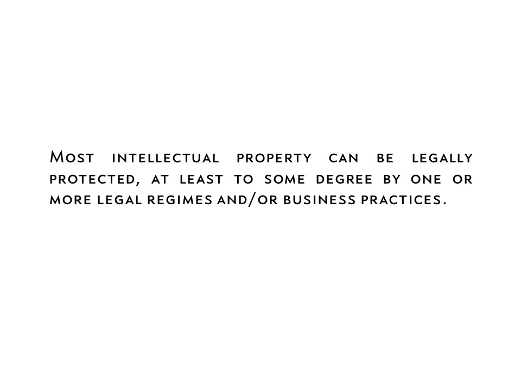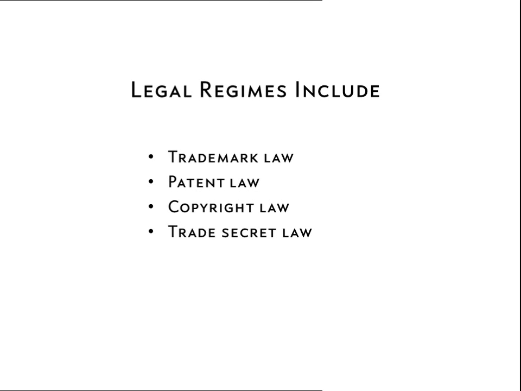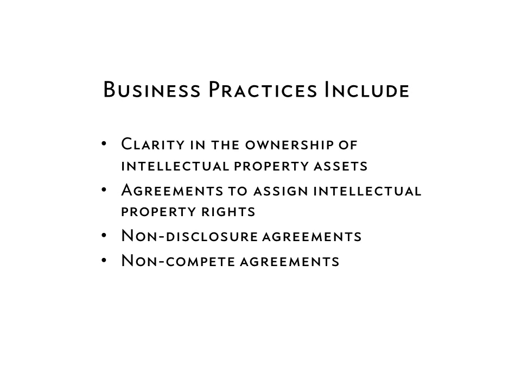Most intellectual property can be legally protected, at least to some degree, by one or more legal regimes or business practices. Legal regimes include trademark law, patent law, copyright law, and trade secret law. Business practices include clarity in the ownership of intellectual property assets, agreements to assign intellectual property rights, non-disclosure agreements, and non-compete agreements.